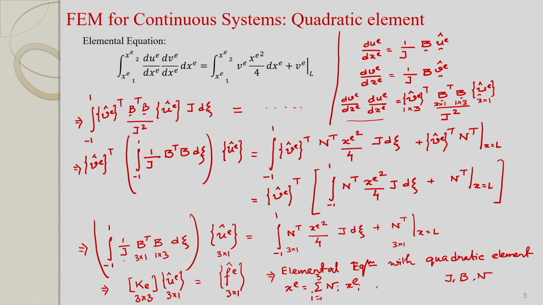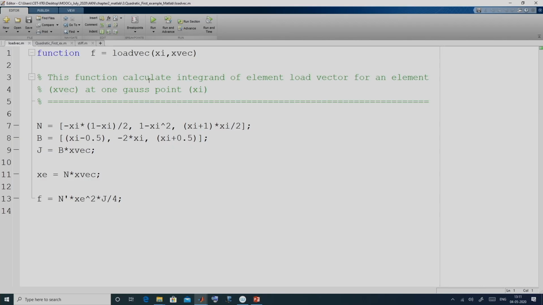Now, I will show you the MATLAB function which calculates this part of the load vector. Again, this function, load vec, calculates the integrand at a particular Gauss point xi. So, this is our N vector for the quadratic element, this is the B vector, we get the Jacobian. Here x vec is a column vector.